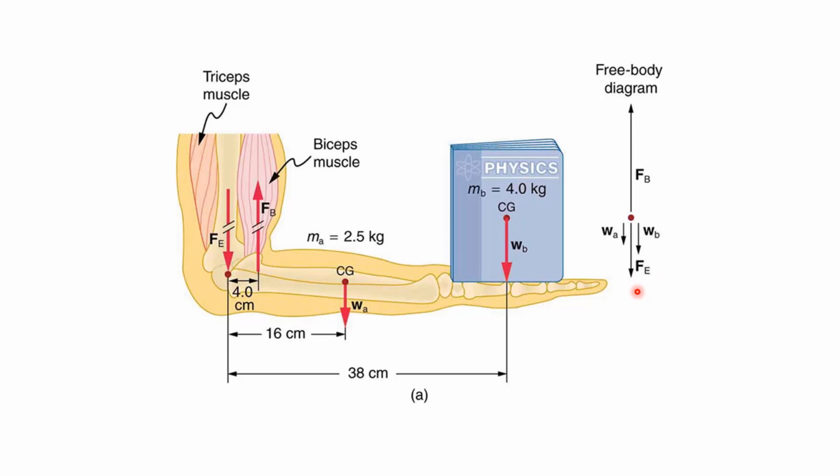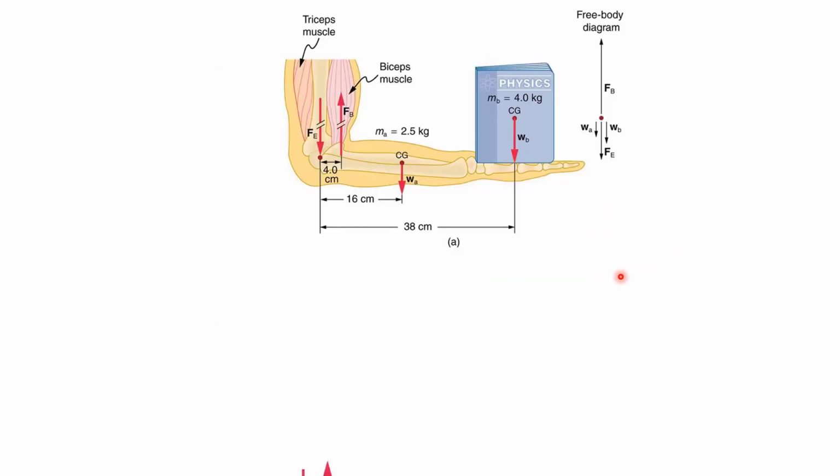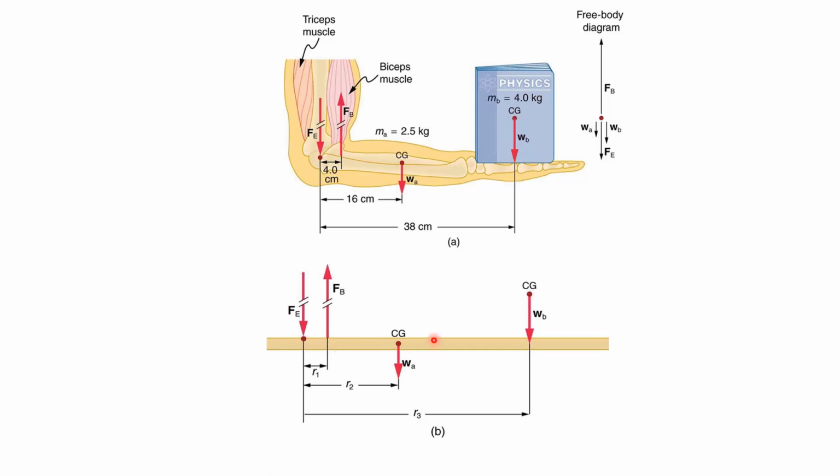It is FE, and B is the weight of the book. VA is the weight of your body part. This is the hint for the free body diagram. Now let's look. Yes, the forces, the direction of the forces, and the lengths given here. Yes, this is the free body diagram.